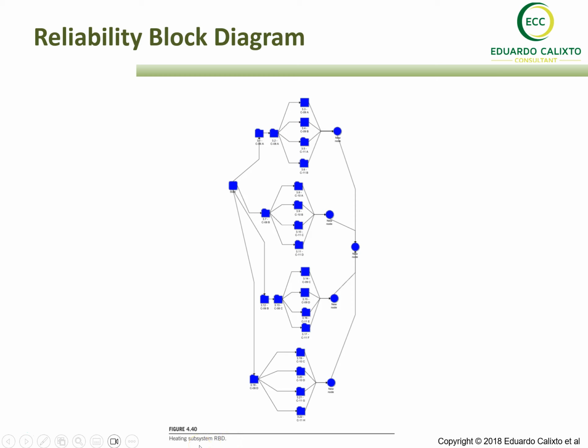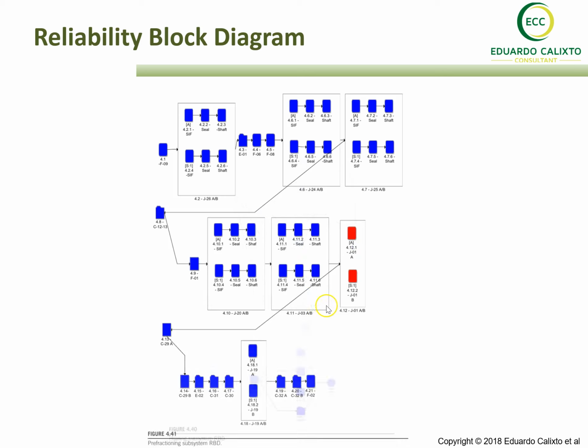In some cases, we capture some pumps, for example, that have a direct impact, but actually the critical ones, as we will see later on, will be the furnace, the distillation tower and the vacuum distillation tower. Here the heating system again with different configurations of heat exchangers, and then we go on.